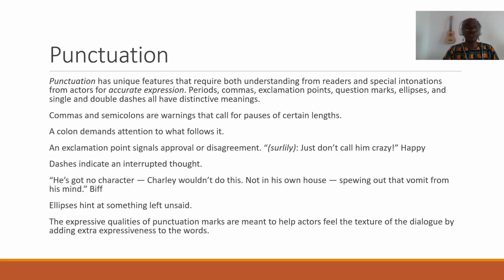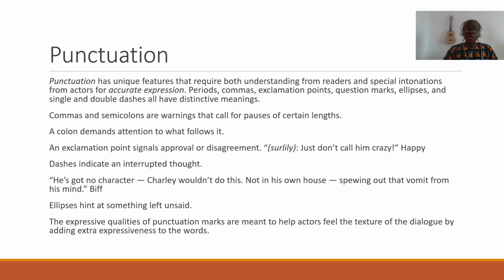That is the play that exemplifies his essay on the need for the common man to be the subject of tragedy. Now, another important thing you should look at when examining the language of a play is punctuation. Yes, the commas, the full stops, exclamation points, question marks, ellipses, and single and double dashes, they all have distinctive meanings within a play. And when you are analyzing a play, especially as an actor, it helps you to express the character's thoughts accurately.